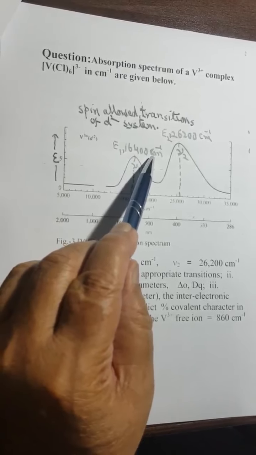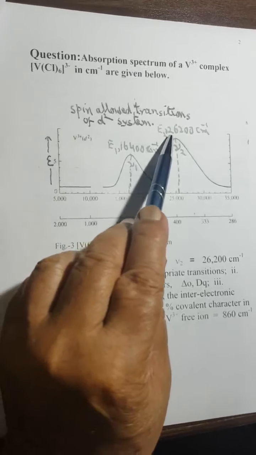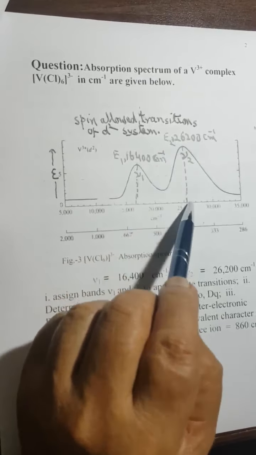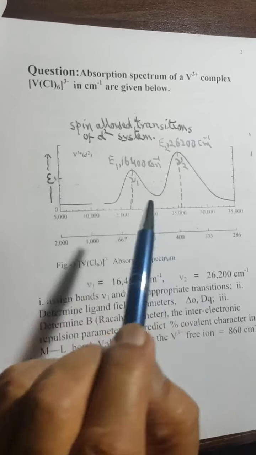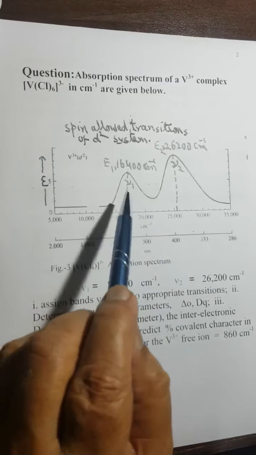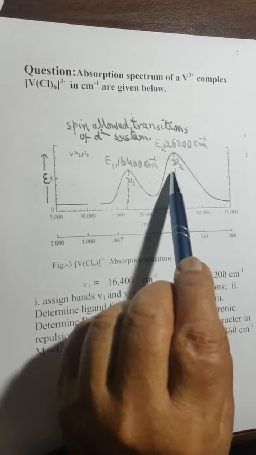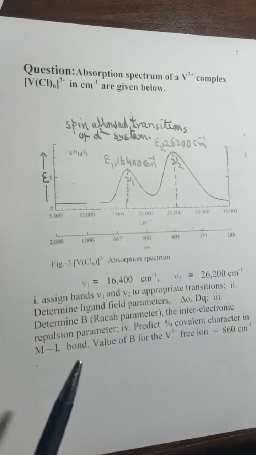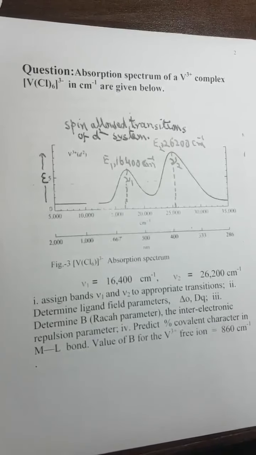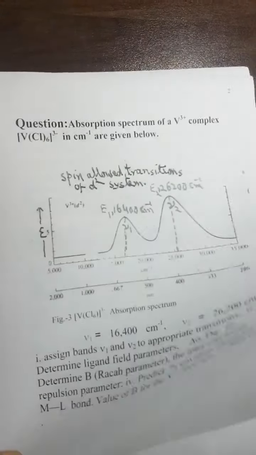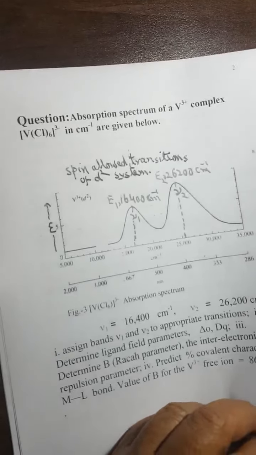It's a little above, so 16,400, and this is 26,200. I have put a dotted line so that you can understand. The energy of this band is this, and the energy of this band is this.